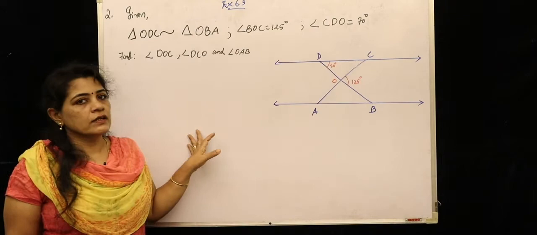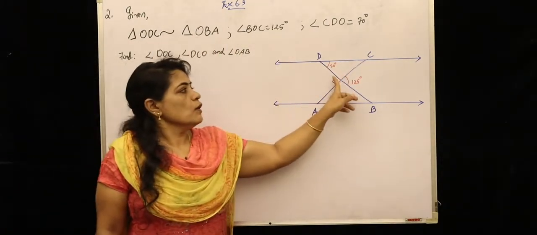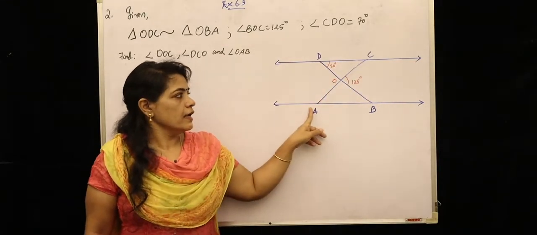Here we have given in the figure triangle ODC similar to triangle OBA.